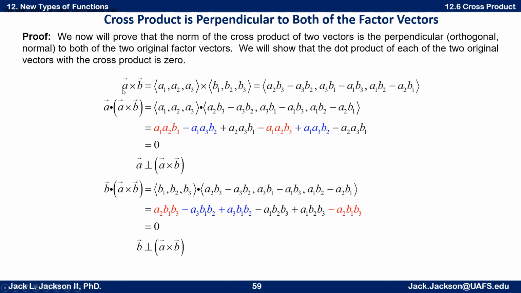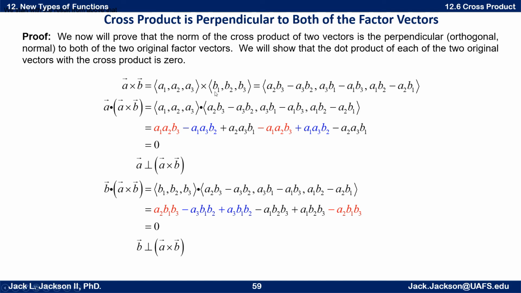So the cross product of A and B is (A1, A2, A3) cross (B1, B2, B3). And as we saw earlier, that's given by this formula, which now we kind of know why it turned out to be this. Well, how do we show two vectors are perpendicular, also known as orthogonal or normal? Well, the dot product has got to be 0 in that case, and here we're going to do that.